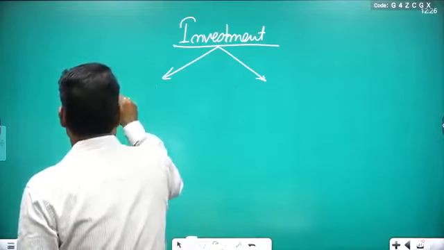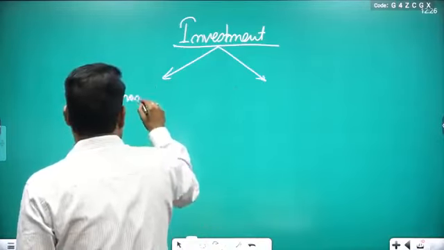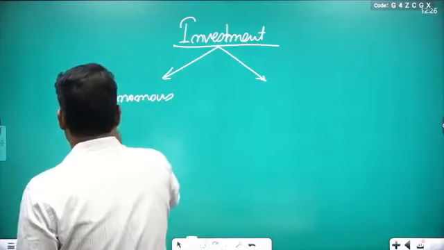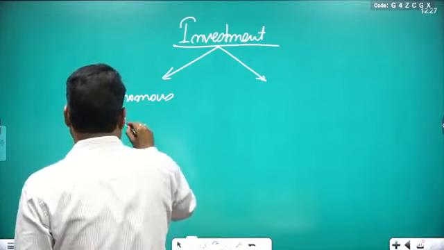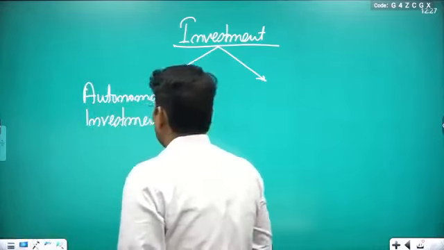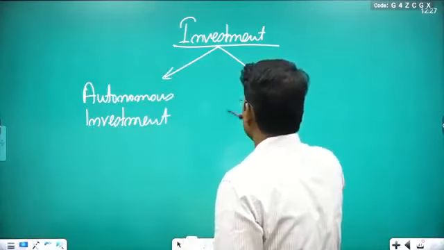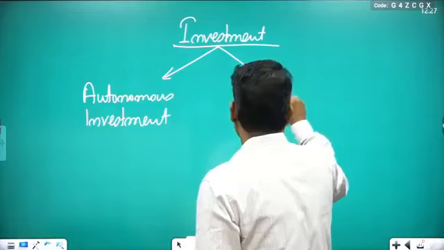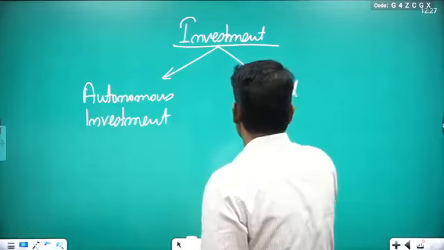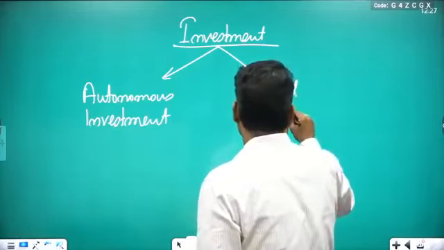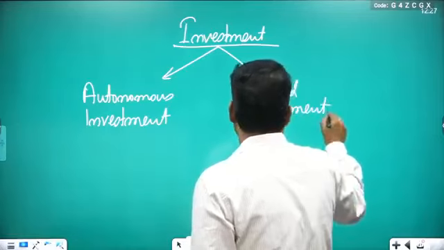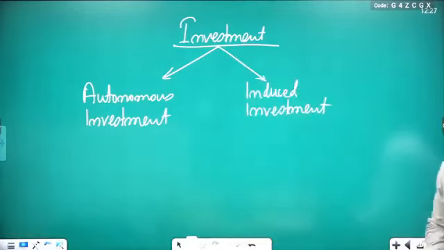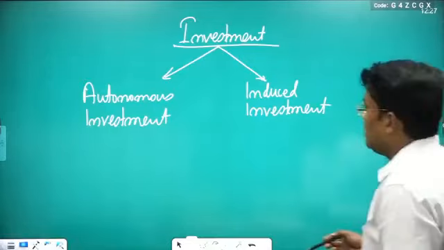Overall, the economy you can divide into autonomous investment and the second one, induced investment. So overall investment in the country you can divide between these two, autonomous investment and induced investment.